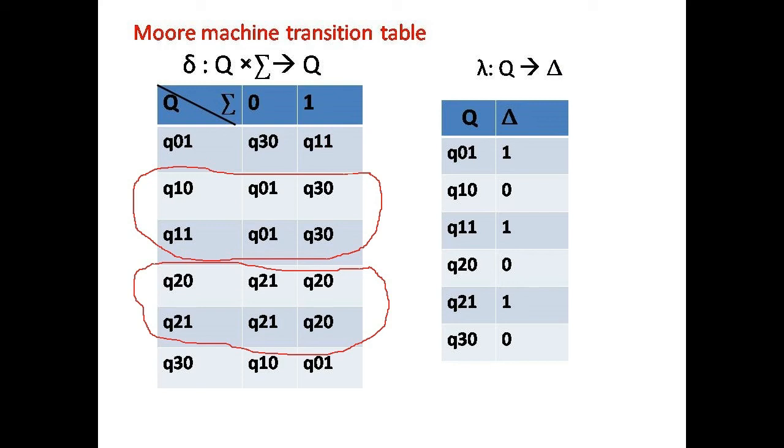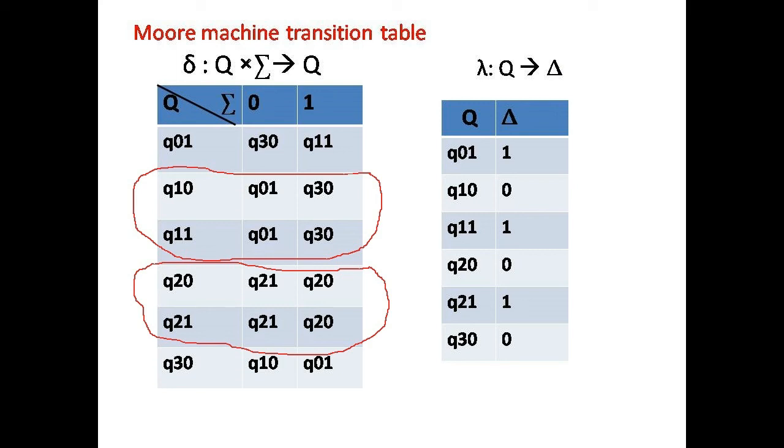The Q10 state and Q11 state are the same state, that is Q1, but they produce different outputs. On input symbols 0 and 1, the entries are the same, because Q11 and Q10 do the same thing, so we will get the same result.